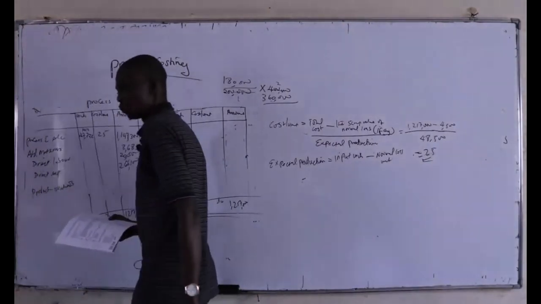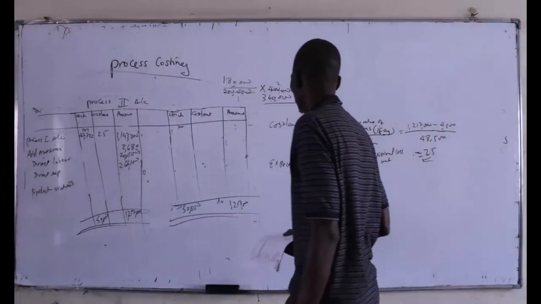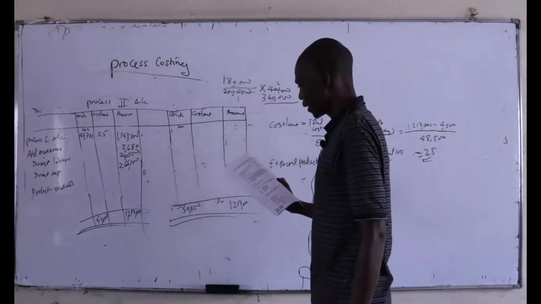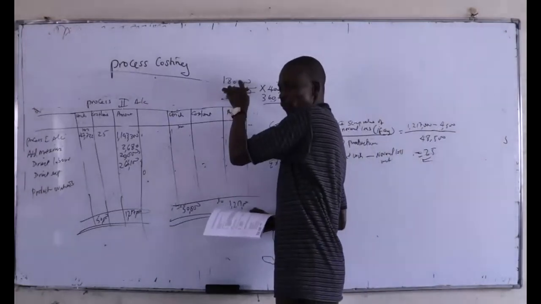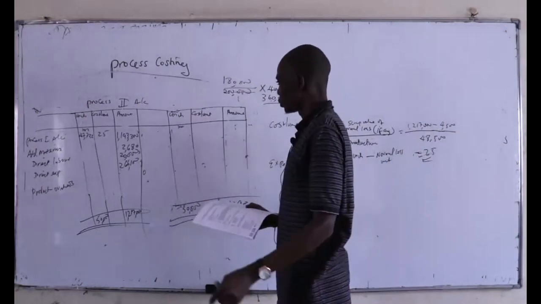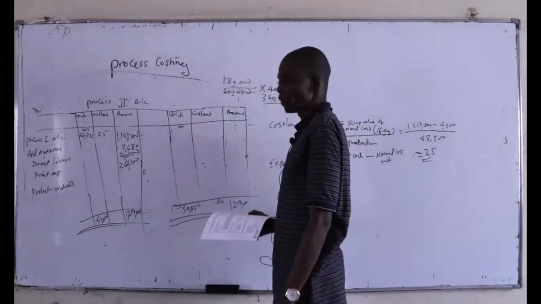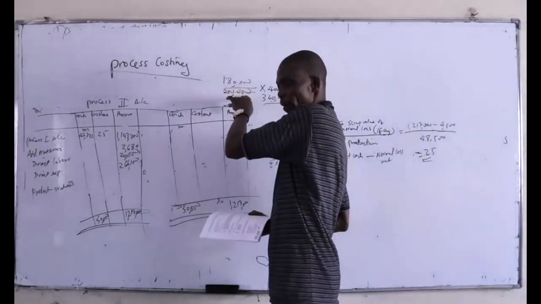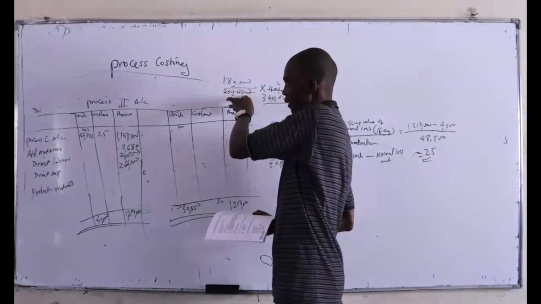And for production overheads, we had been directed on how to obtain it. We had said that for process 1, because it is based on direct labor, the labor that was incurred in process 1 for that month was 180,000 shillings. For this process 2, it was 20,000 shillings. So we are basically taking the proportion of the amount of labor that was incurred in process 1 over the total labor for process 1 and 2, which is incurred for that month.